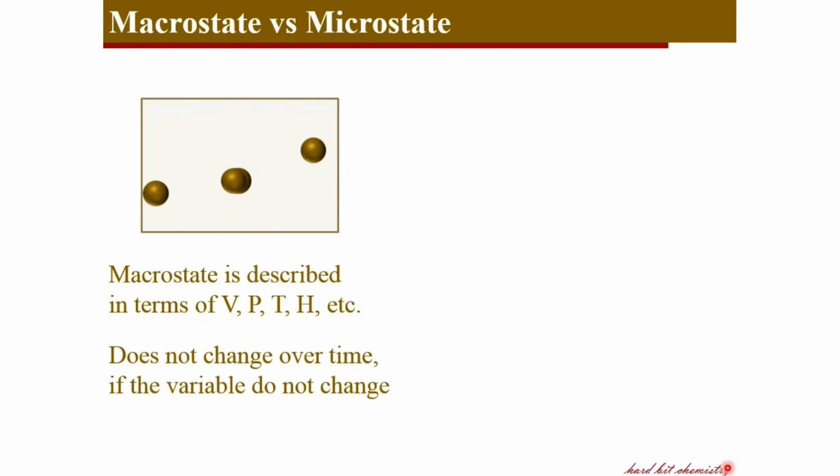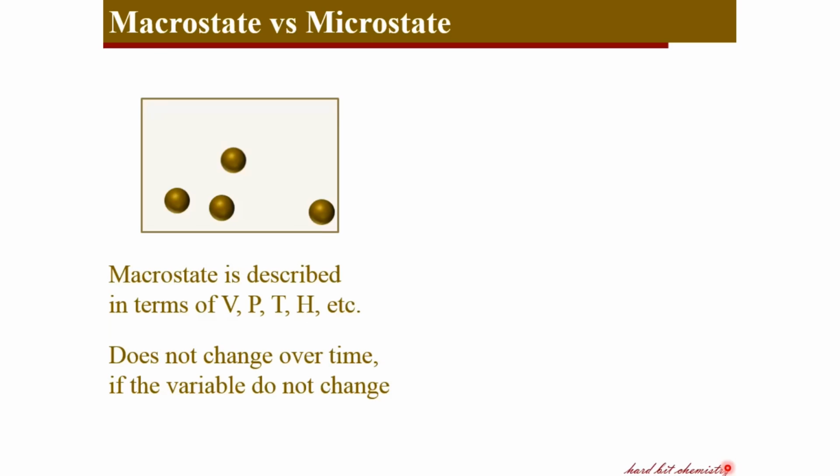Now, suddenly I freeze the system and then I get an image like this. That is, at a given instant, my system is described by this particular distribution of molecules in space and the associated distribution of energy.